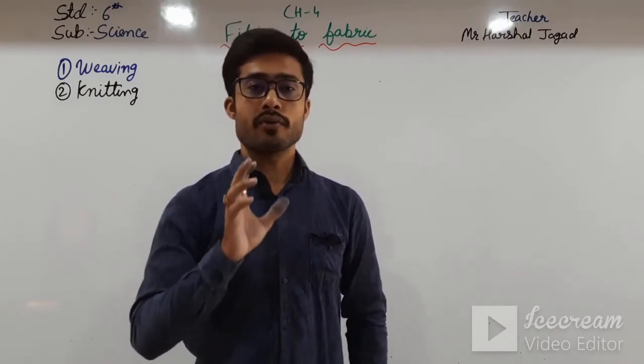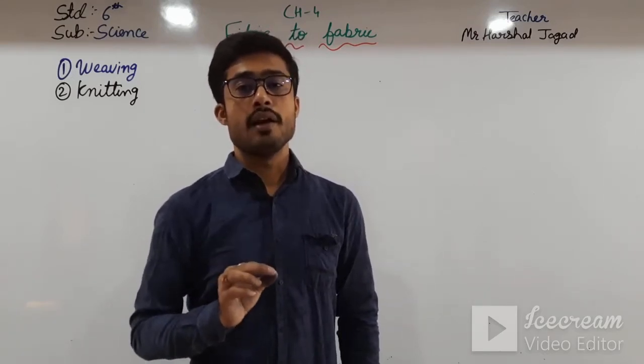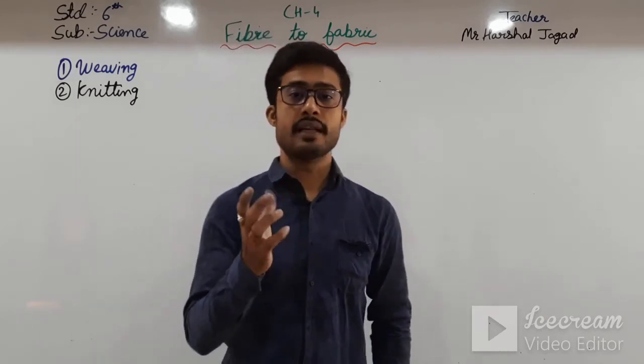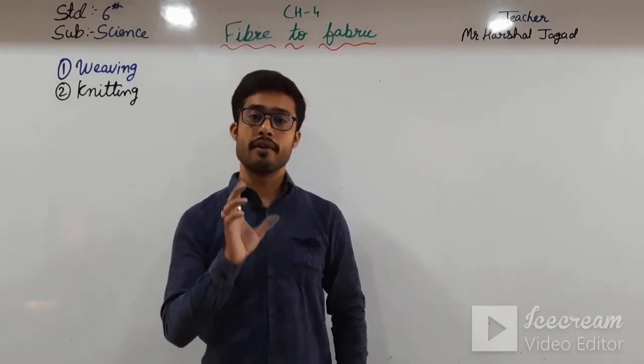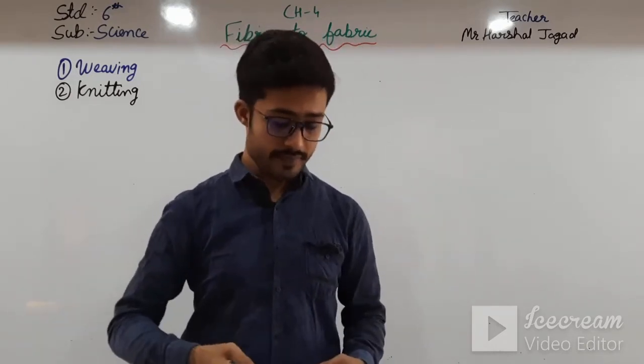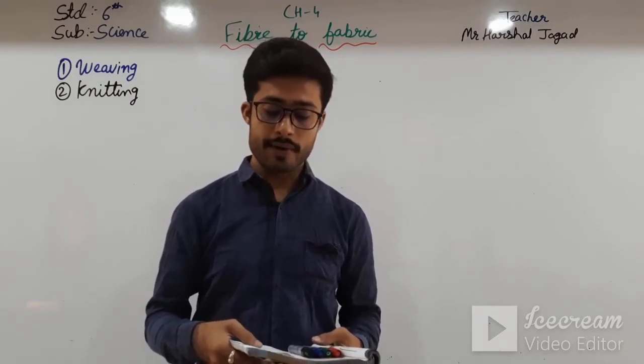If you want to see that, you can search on YouTube for the weaving process, and you can see how the cloth is made by the weaving process. Okay students, see here, the type of pattern made by two sets of yarn is called a weave.